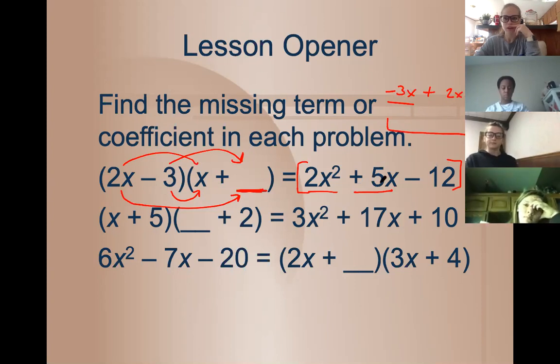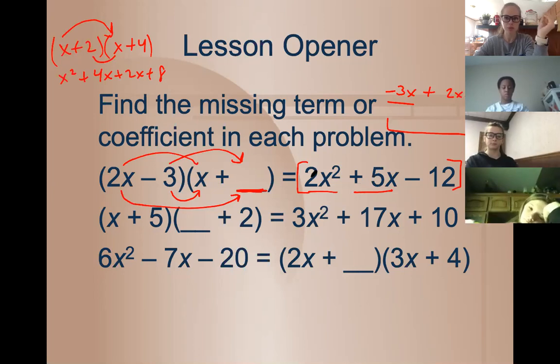My final outcome is a positive 5x here in the middle. Remember when we would FOIL something like this? X times x is x squared. X times 4x, that's plus 4x, and then my inside terms plus 2x plus 8. That's the same thing that we're doing right here. We're trying to add our like terms in the middle to get a positive 5x. So therefore, what do we need to multiply this 2x by in order to get negative 3x plus this whole term to get 5x?